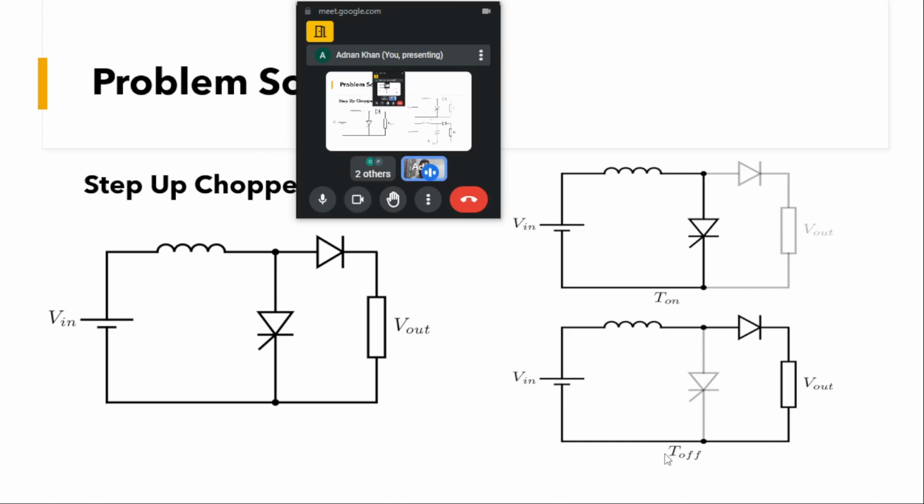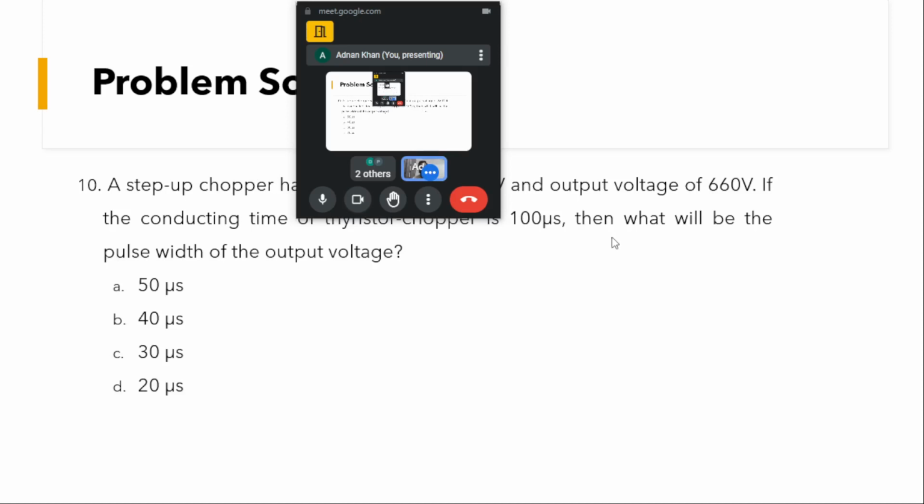Now when we turn off this device, as I already told, it will turn on this diode. The voltage will then come across V out, so the output voltage will be there for the T off interval of time.